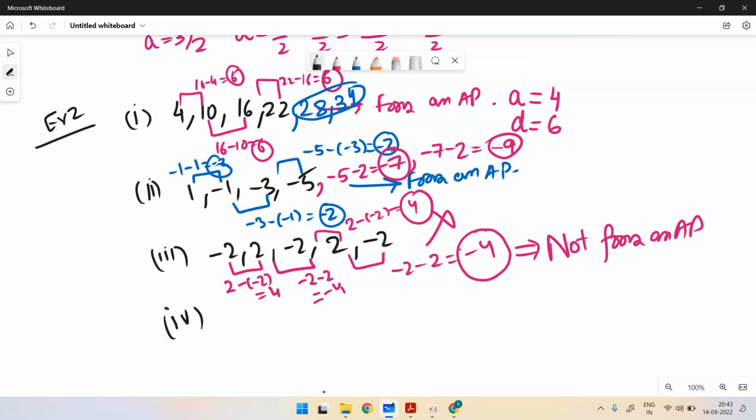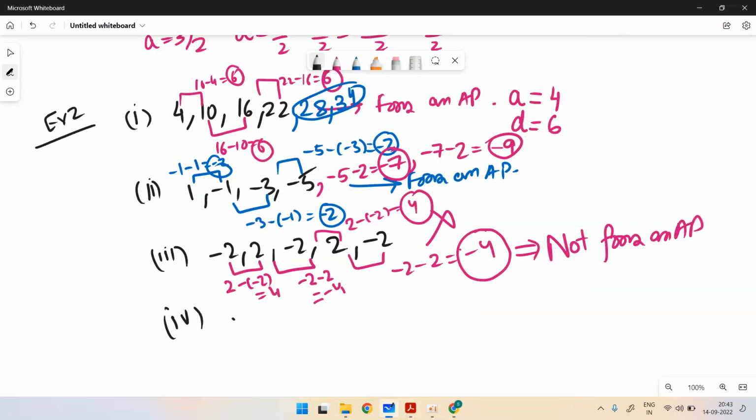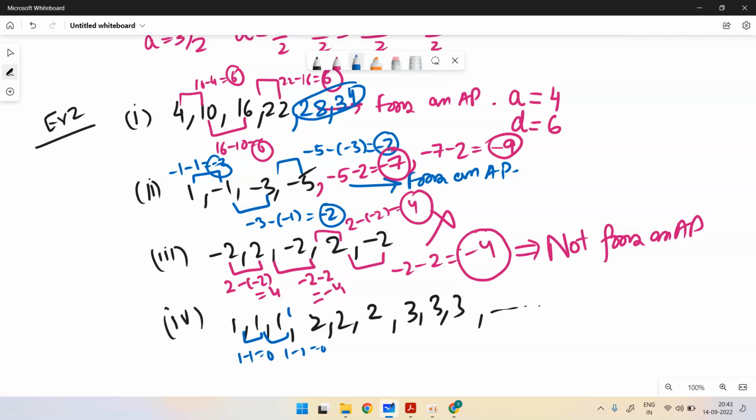Next is the fourth part. What is this? It is 1, 11, 111, 1, 11, 111, 2, 111, 3. So if you calculate the common difference, 1 minus 1 is 0, 1 minus 1 is 0, but here this is 2 minus 1 is 1.